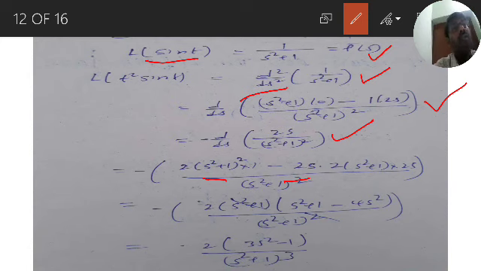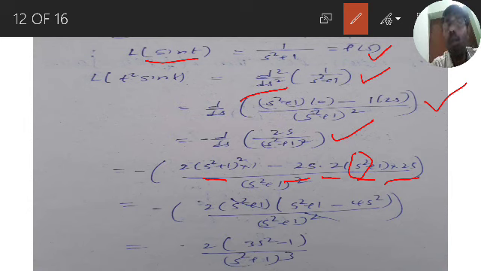Derivative of x square is 2x, so derivative of s square plus 1 whole square is 2 into s square plus 1, chain rule, into derivative of s square plus 1, which is 2s. Are you getting it? Instead of s we have s square plus 1.